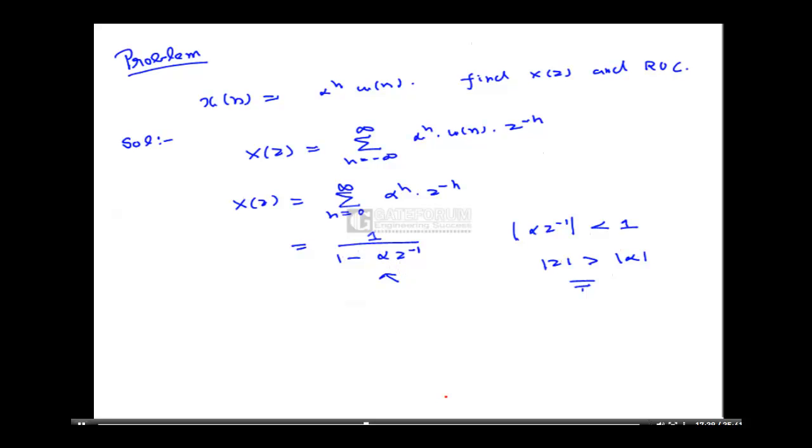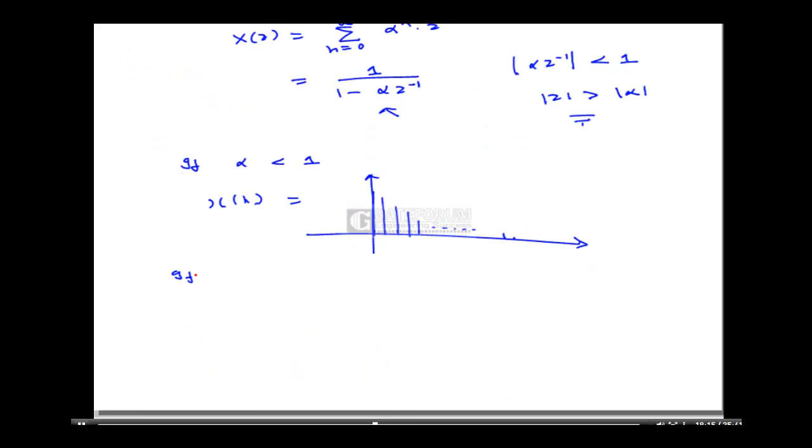Now for this condition, if alpha is less than 1, then I'll have x[n] something like this. One point here, then here, and here, and here, and decreasing up to some point. So this will be a decreasing or converging series. If alpha is equal to 1, then x[n] will become a unit step.